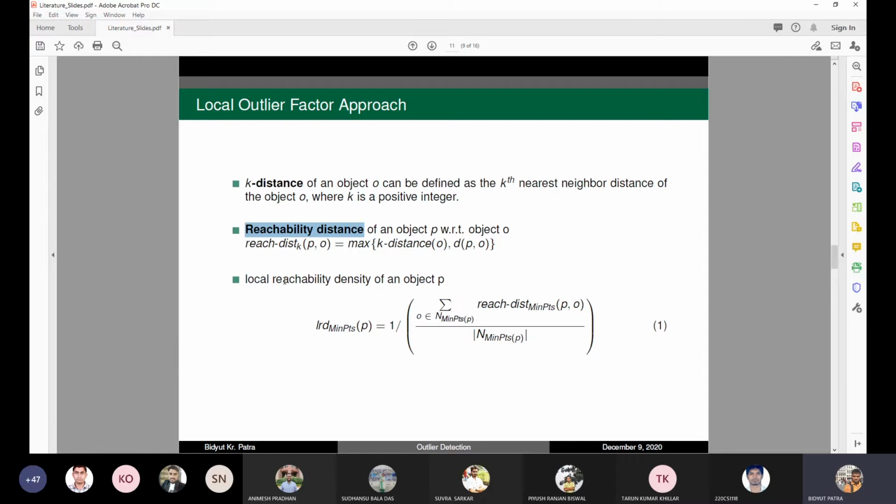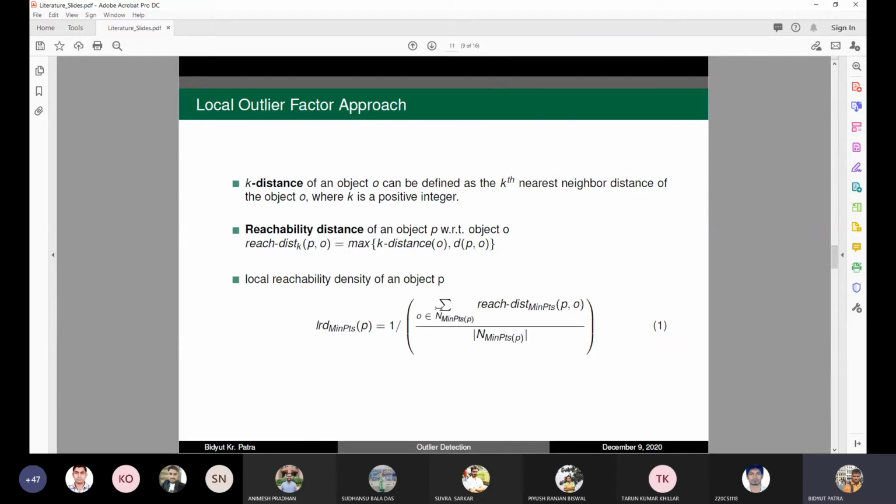Now the local reachability density of an object, what is that? It is 1 by the reach-dist of point P with respect to O. That means whenever you want to compute the LRD of a point P, first we compute the k nearest neighbors of the point P. Then for each point within the k nearest neighbors, we compute a reach-dist.